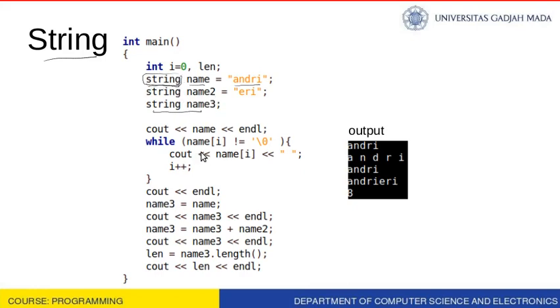So you can access this array or this variable of string by accessing one by one. You can consider it as an array. So as long as it is not reaching the stopping symbol, you can access the value of the name one by one.